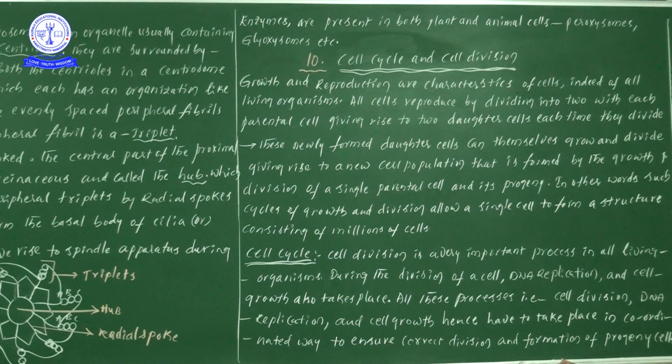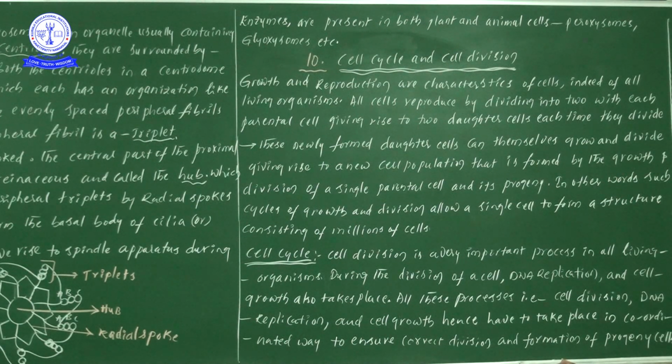First the parental cell divides, later the progeny divide, and finally by the growth and division of cells one complete cell population forms. A group of cells we later call a tissue. So tissue formation takes place only because of the growth and division of the cells.